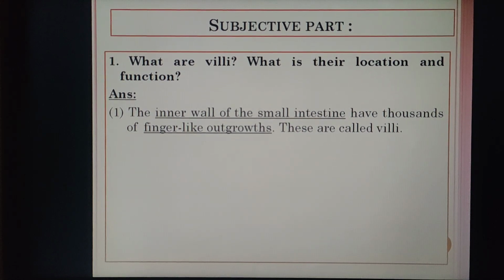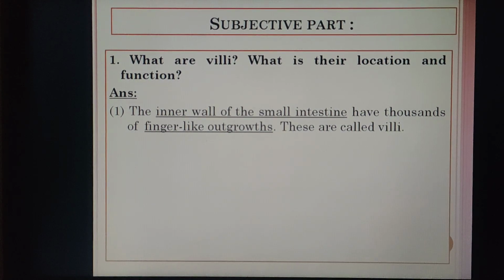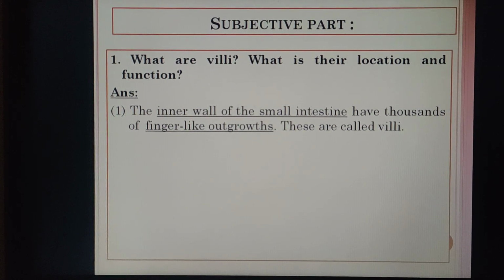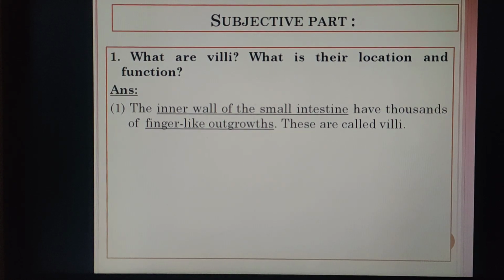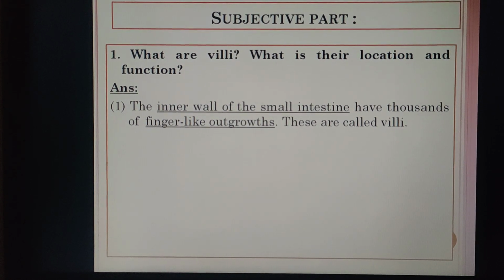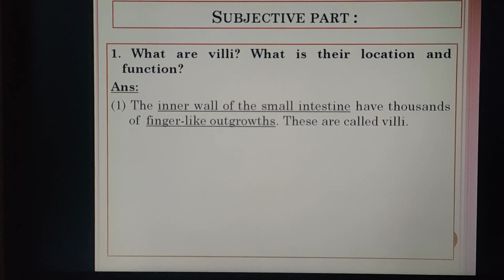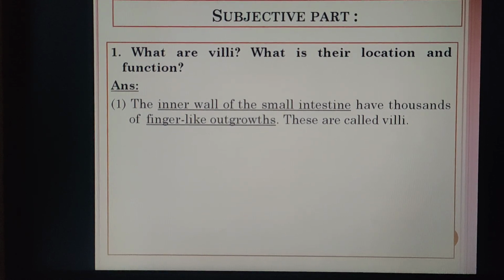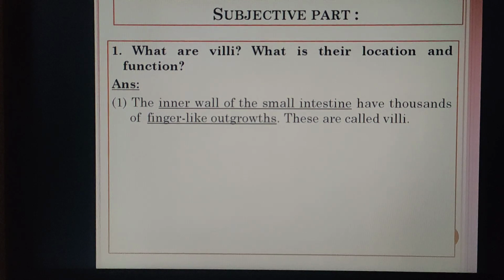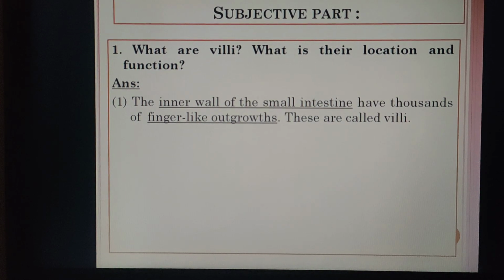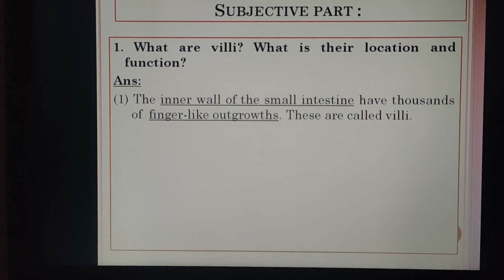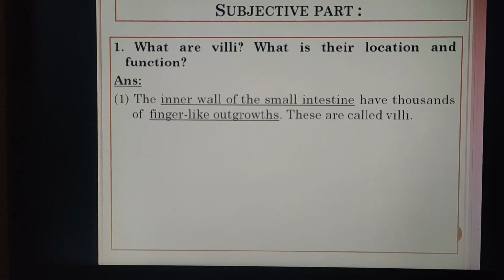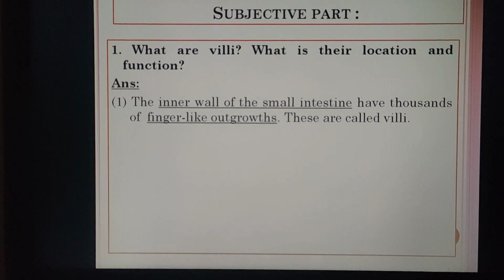For what are villi, what is important in that answer? The inner wall of the small intestine and finger-like projection or outgrowth. These 2 words are important, hence I have underlined them.